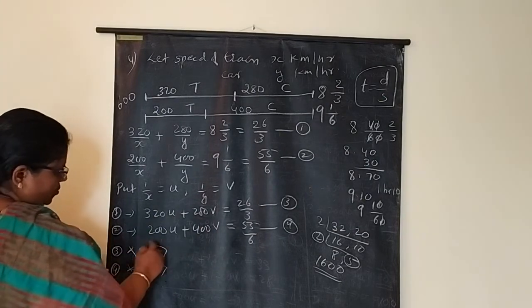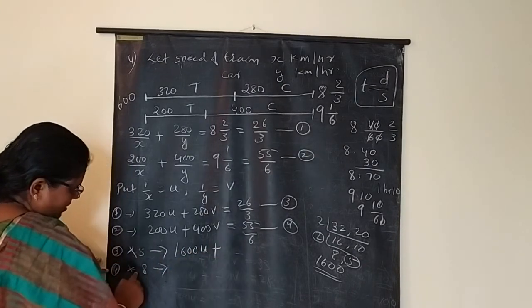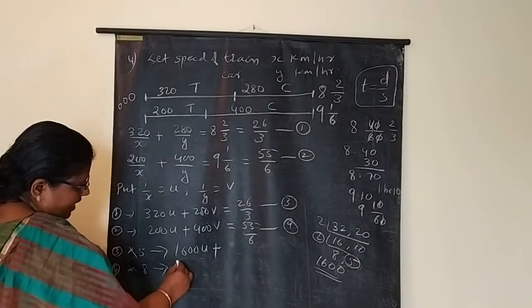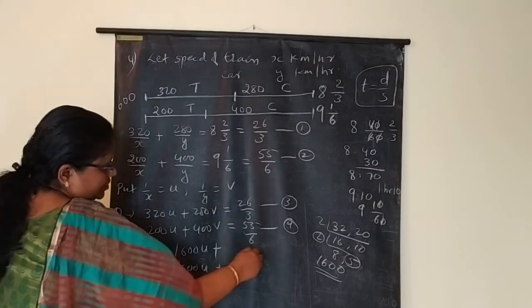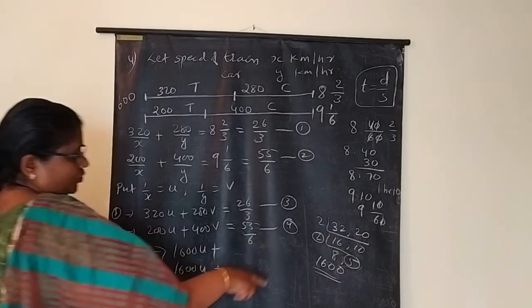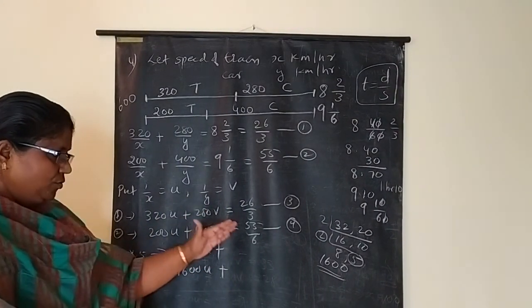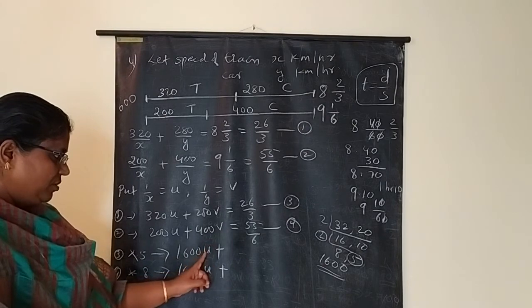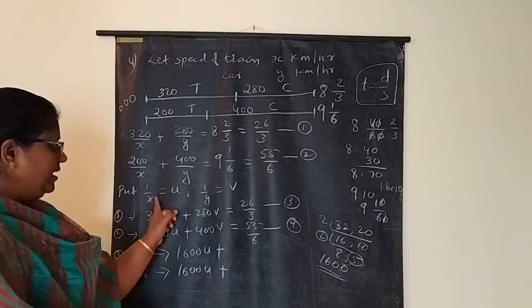So 320 into 5 is 1600u. And 200 into 8, again 1600u, plus this you have to complete. Do the calculation yourself. Okay, I am leaving. You do yourself. Find the value of u and v. Then find the value of x and y from here.